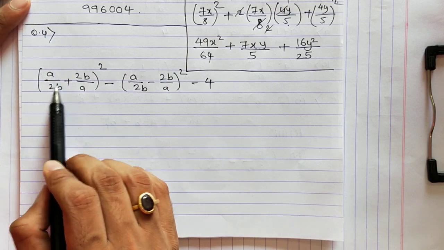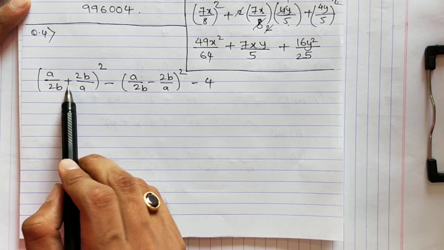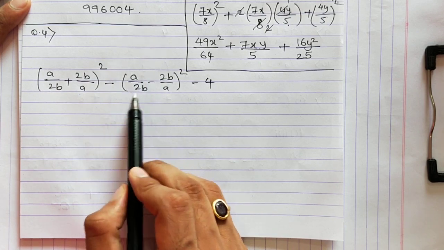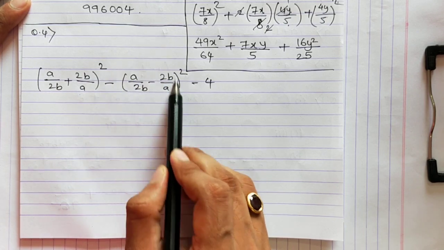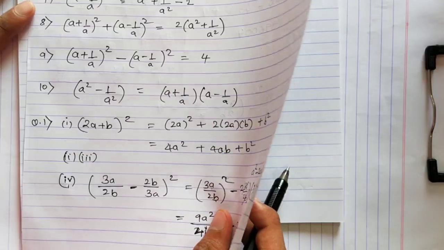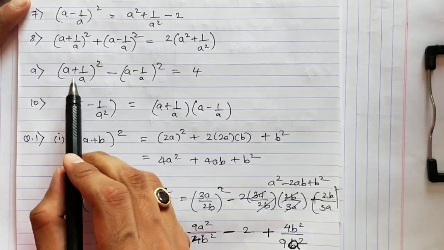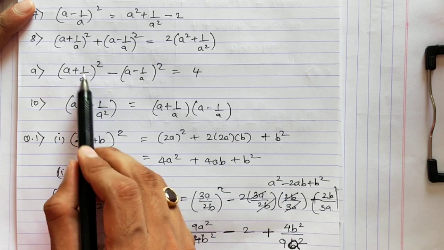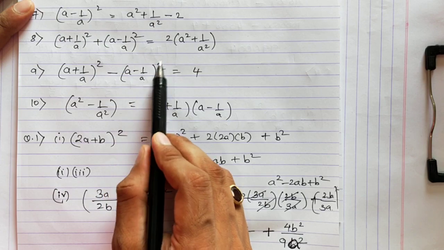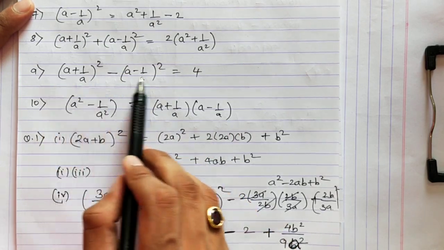So let's say this is a plus 1 upon a the whole square, minus a minus 1 upon a the whole square. So this is nothing but this formula here, a plus 1 upon a the whole square minus a minus 1 upon a the whole square. This is similar to this pattern.